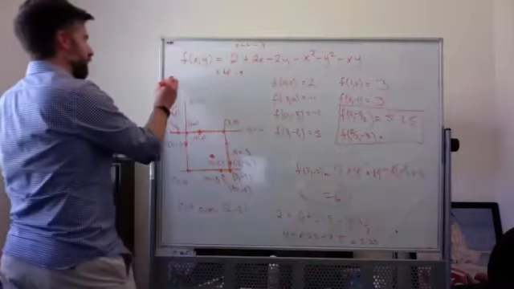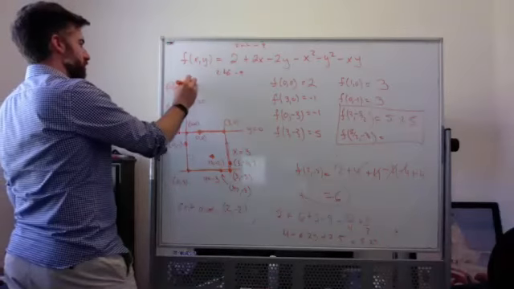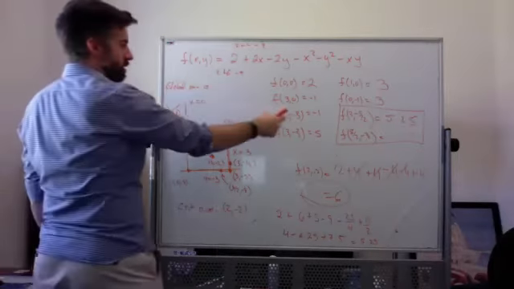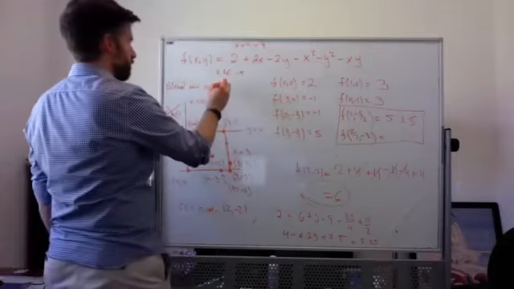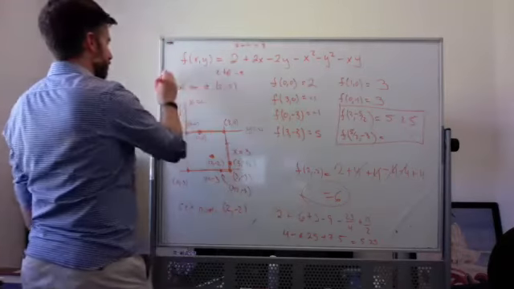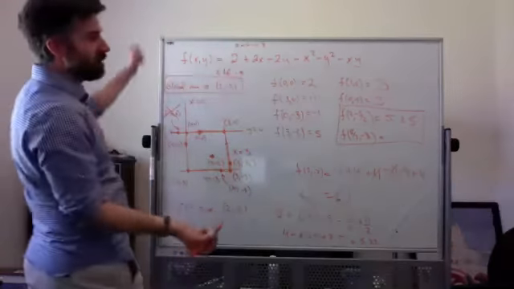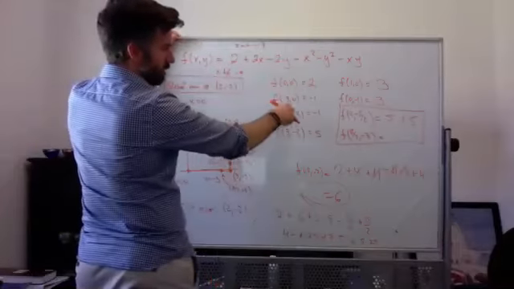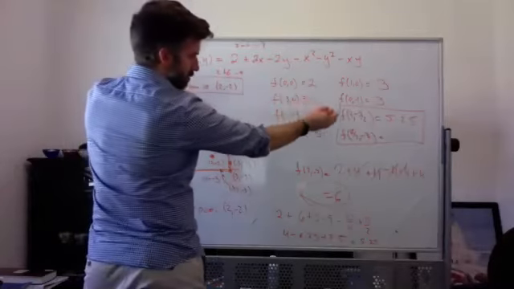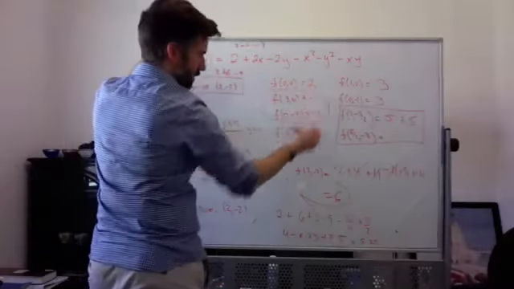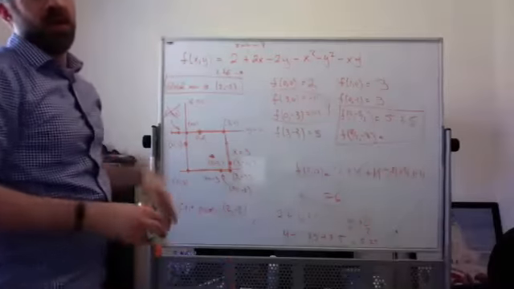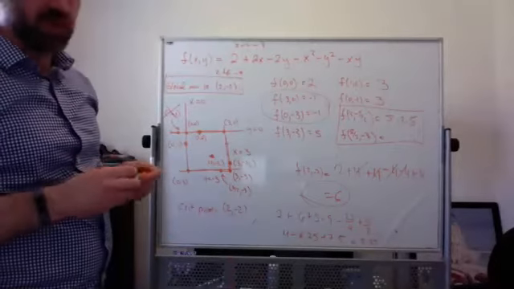So I have a global max at the point 2 negative 2. And I have global minima at 3 0 and 0 negative 3, because both of those are the smallest values, equal to negative 1. Kind of a long problem, but that's how you would do one like this.